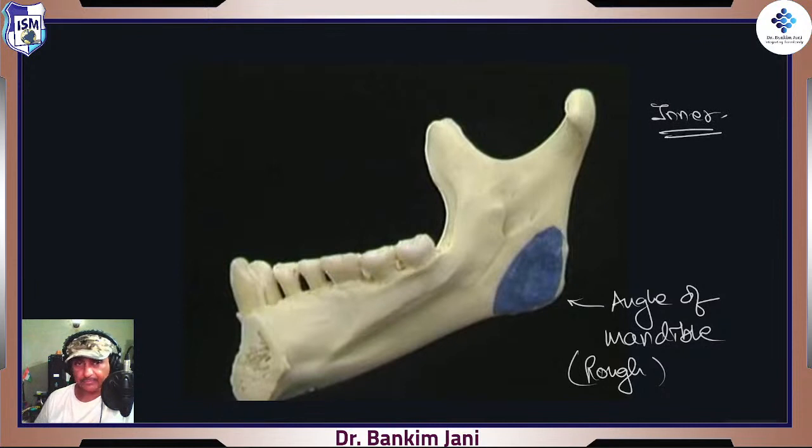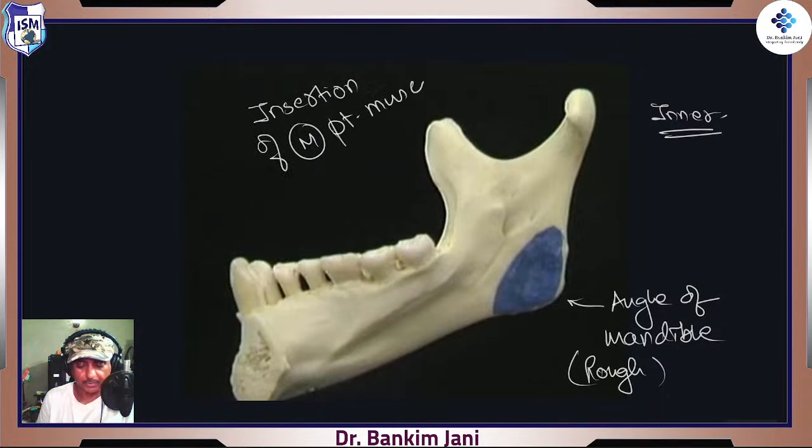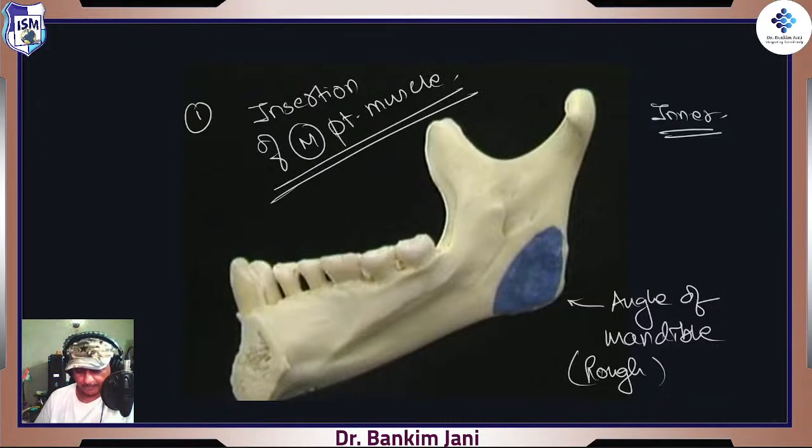It is rough simply because this is the insertion of the medial pterygoid muscle, the first candidate who is responsible for closure of the mouth, right? So that's the insertion. Angle of mandible, inner aspect.